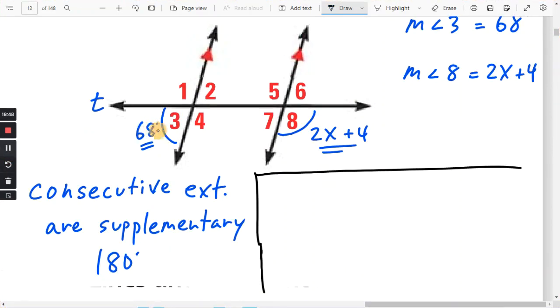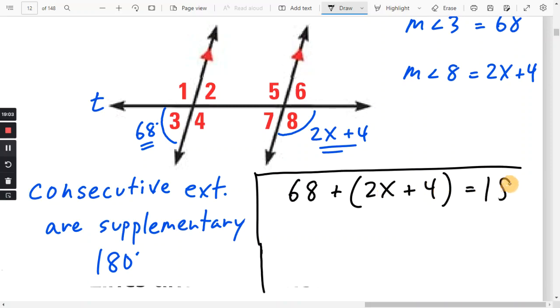Okay, so this one here is 68. And this one here is 2x plus 4. And combined, they equal 180. Like terms, 68 plus 4 is 72. And we still have 2x. And that equals 180.